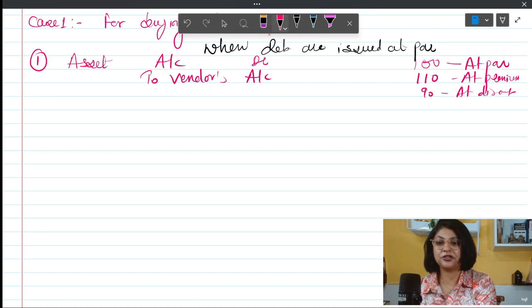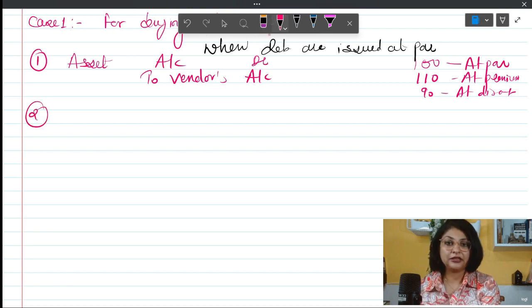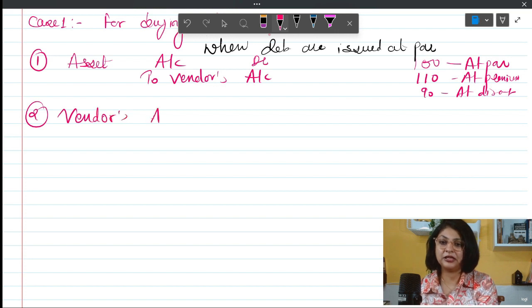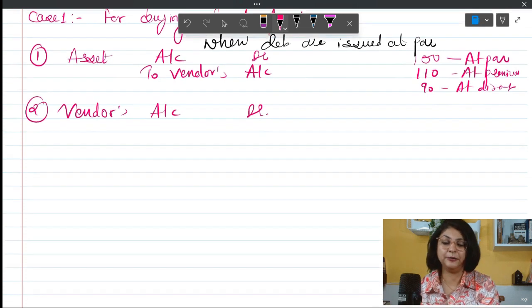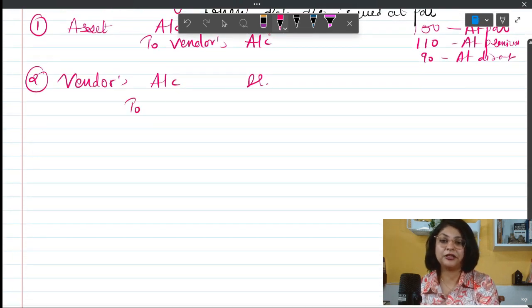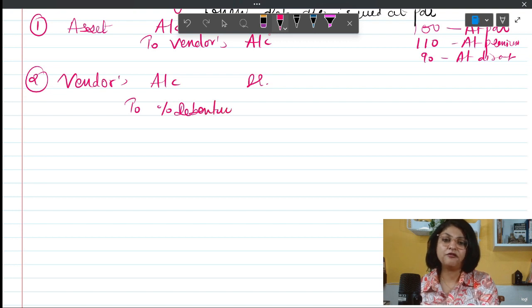The second entry will be, we will debit the vendor. It is a liability. In the first entry we created the liability by crediting the vendor's account. Now we are discharging our liability. So the vendor's account will be debited to percentage debenture. We are issuing the debenture to the vendor for consideration other than cash, meaning for buying the machinery. So the debenture account will be credited.